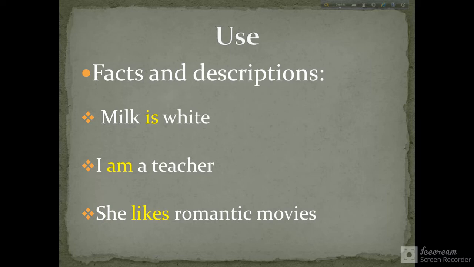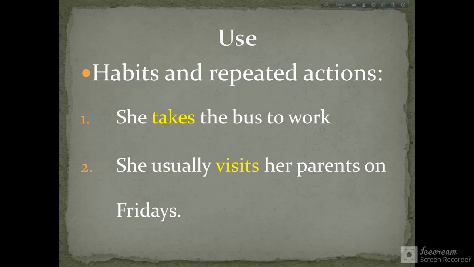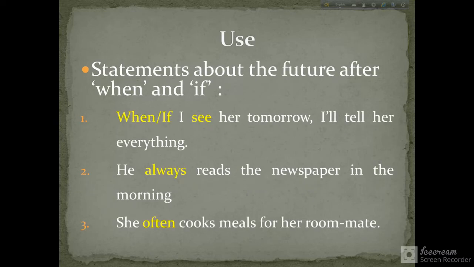One is facts and descriptions. Situations we see as long term or permanent. Habits and repeated actions. Schedules and timetables. And the last one is statements about the future, after, when, and if.